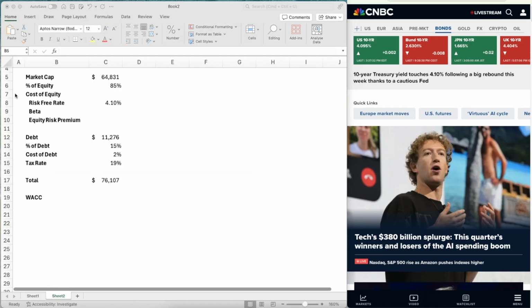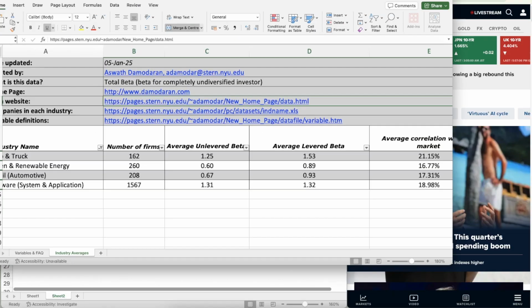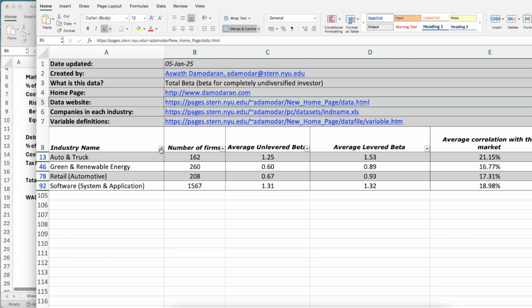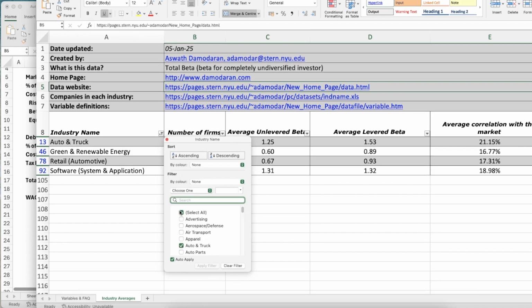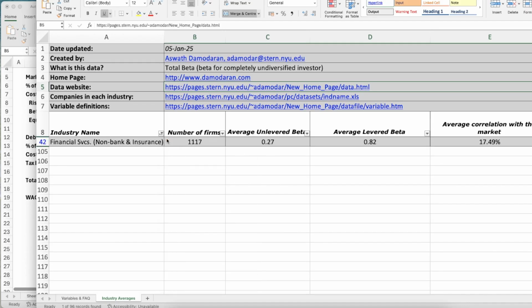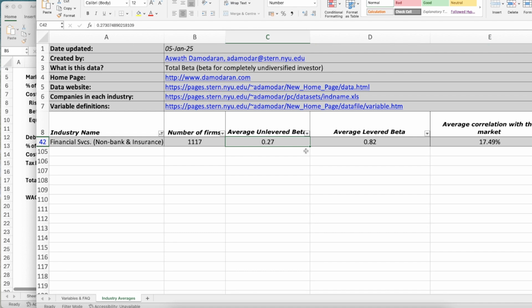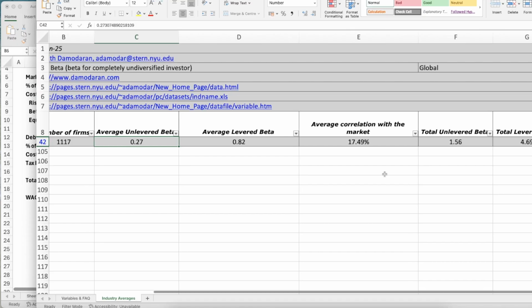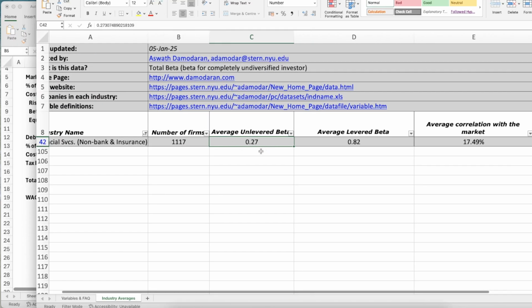It is something financial services non-bank. So we can just take this, the average unlevered beta is 0.27. Yeah, that's going to be the full weight. So we'll just go with that 0.27.